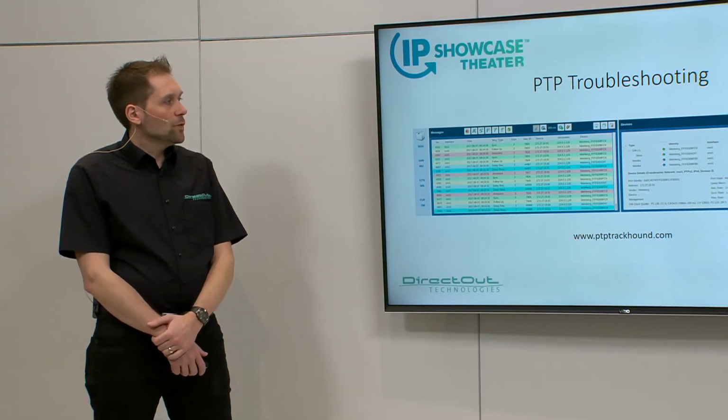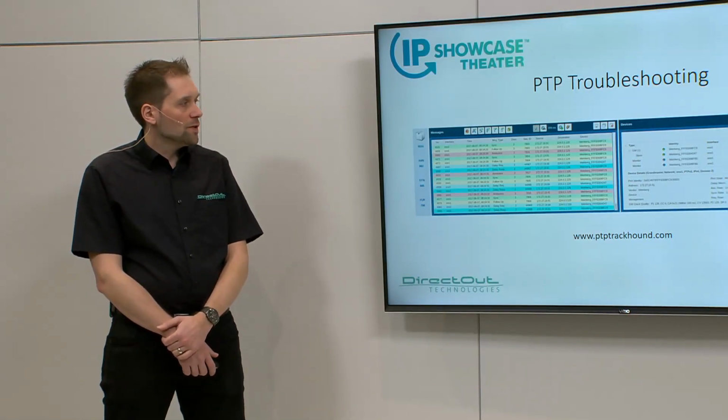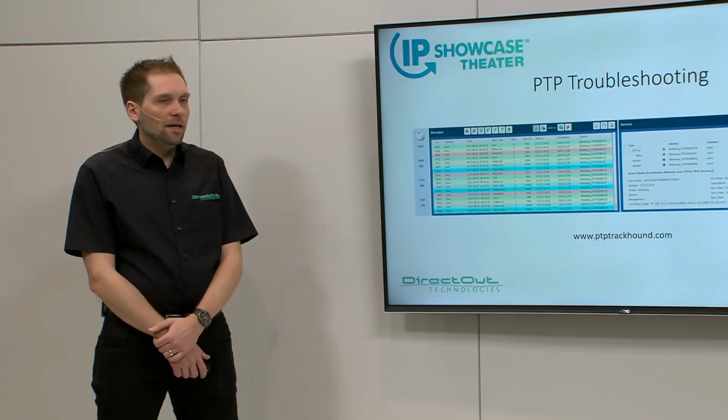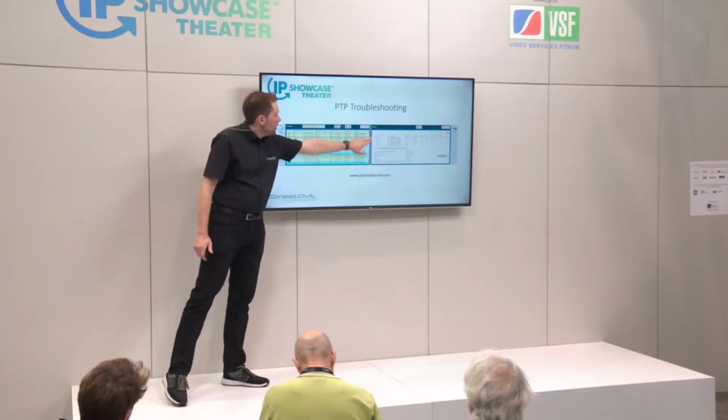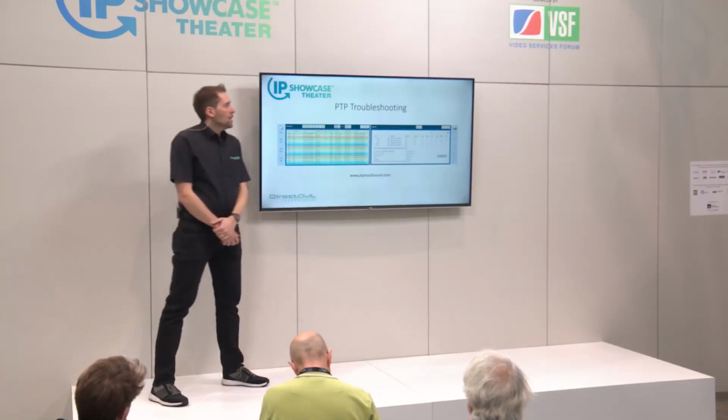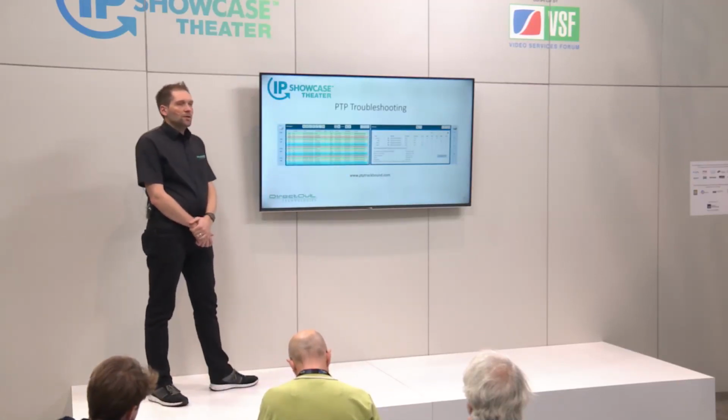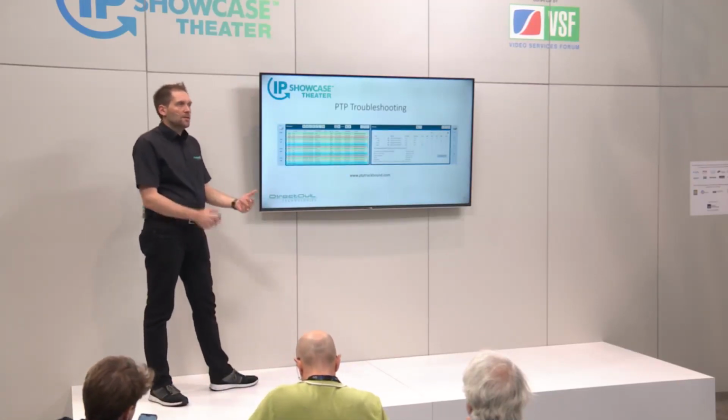For PTP troubleshooting, there's a tool from Meinberg, which is also very helpful. It's actually based on the engine of Wireshark, but it uses a different user interface to filter just out the stuff that is related to PTP. And it gives a very nice overview of the PTP infrastructure you have on your network. It shows you the grandmaster, it shows you the slaves, the boundary clocks.